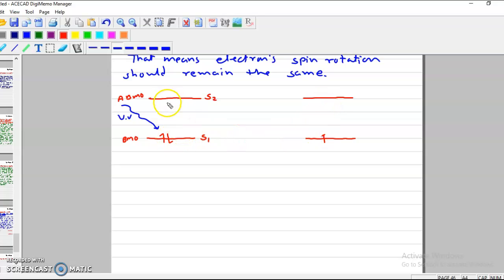Suppose this electron is transferred to ABMO, and if its spin rotation remains the same, anticlockwise, here S1 and S2, then you can see that during excitation, this total spin delta S, which is S2 minus S1, that is minus half minus minus half, will be 0.